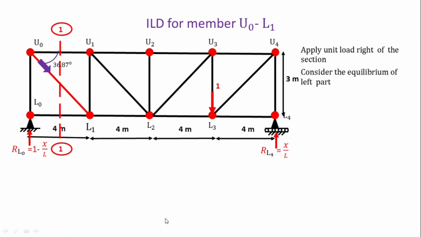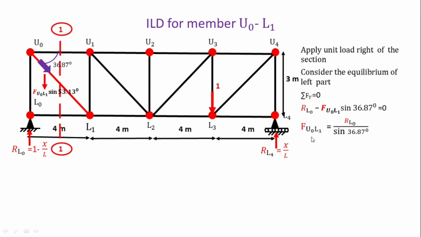The angle is the same, 36.87, and we apply the same condition, sigma Fy equal to 0. Again we are resolving the same force, FU0L1 sine 53.13, and the condition of sigma Fy is RL0 minus FU0L1 sine 36.87 equal to 0.